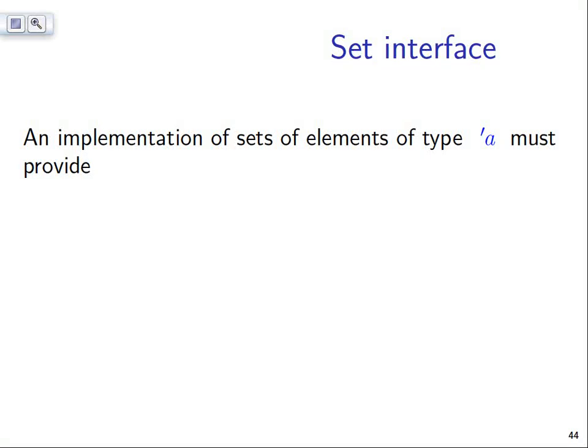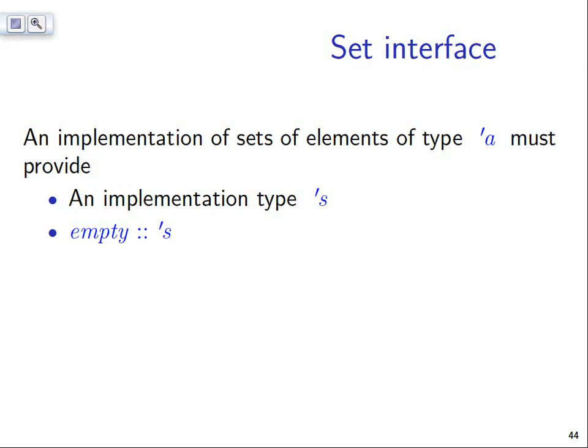So what's the interface that we want to give to the client of our binary search tree? It must be the same kind of interface as for sets, and it must first have an implementation type. If you implement sets, you will implement them by some type S. Then you expect to have a function empty that returns an empty set, and an insert function that takes an element and a set and gives you a new set.